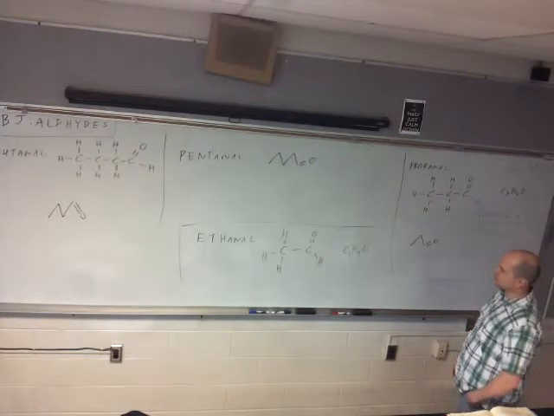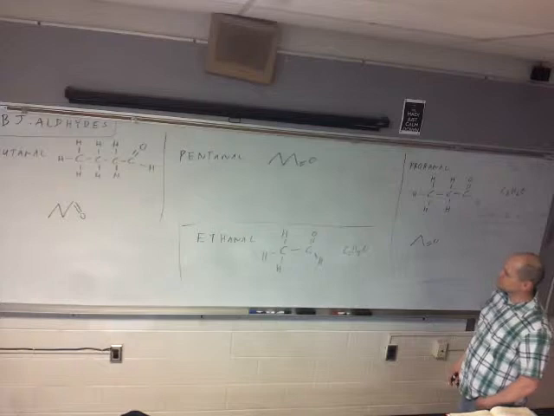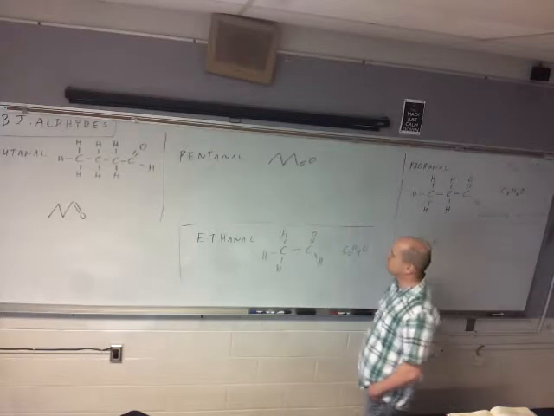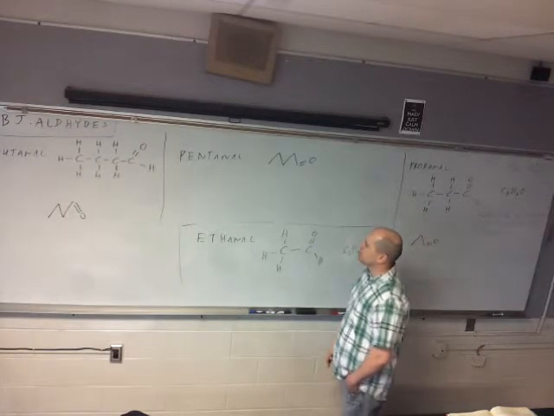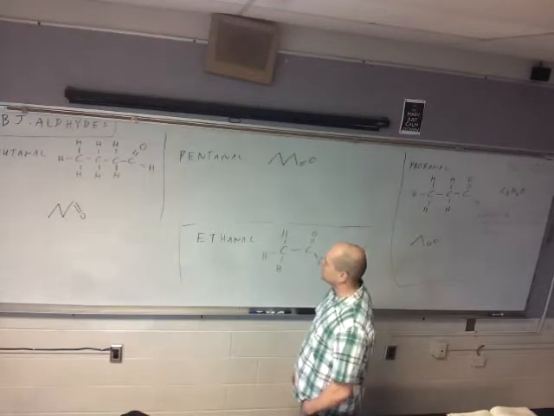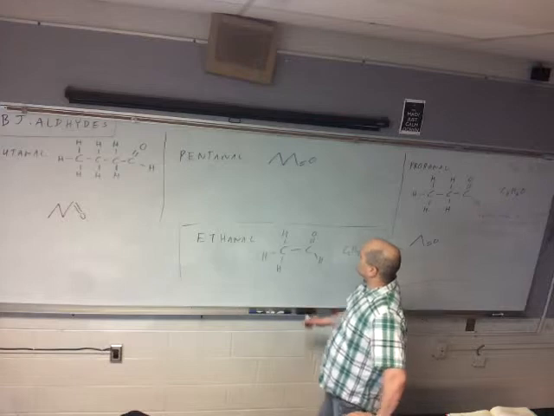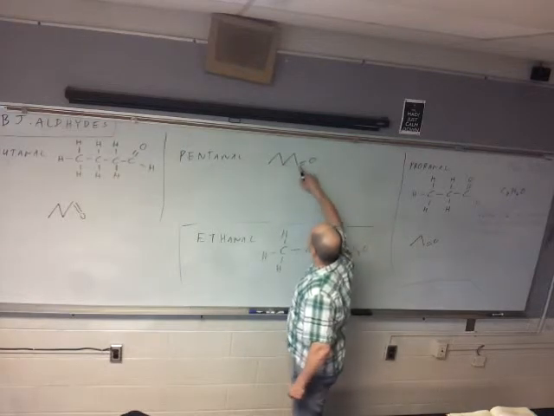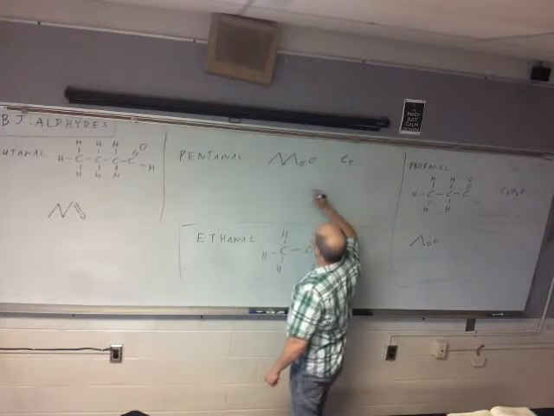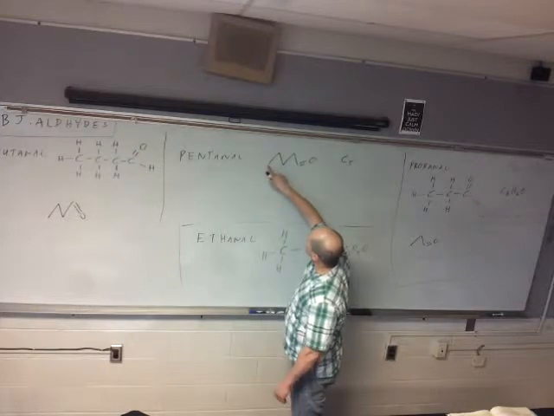Does anybody need to see that the old way? Makes life easier. What's that called again? A skeletal structure, that's right. So we can write it either way on the top. Formula: C5. The hydrogens, there's going to be 3 there and 2 there.